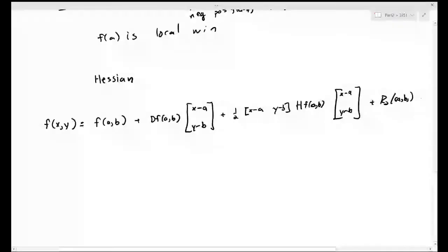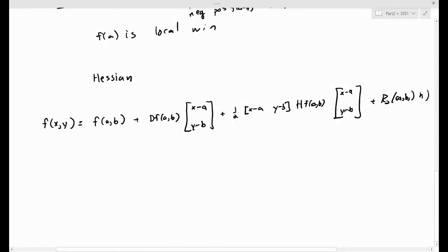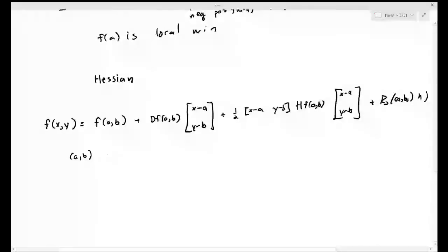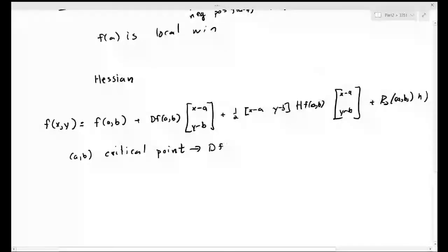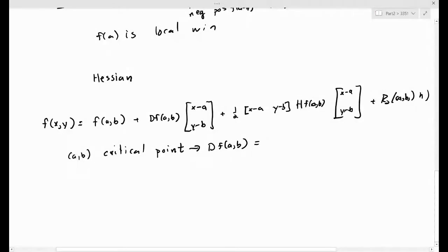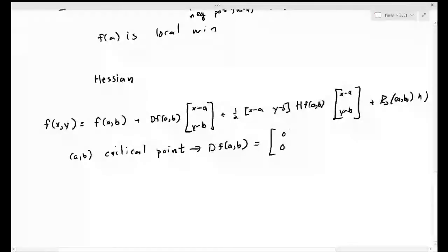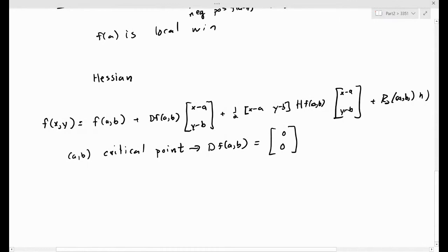And so if (a, b) is a critical point, then it's easy enough to see that it's a necessary condition that the derivative of f at that critical point is 0. Okay.